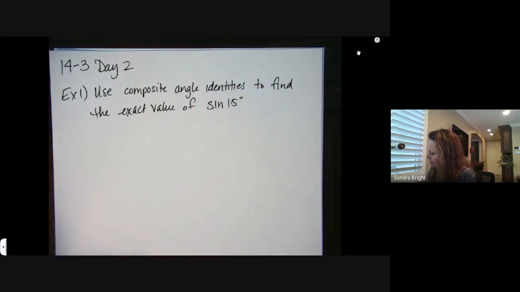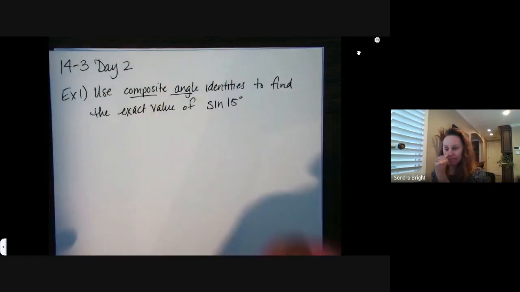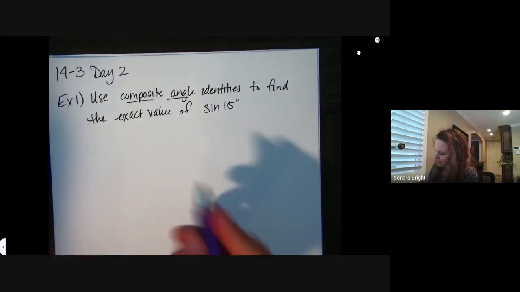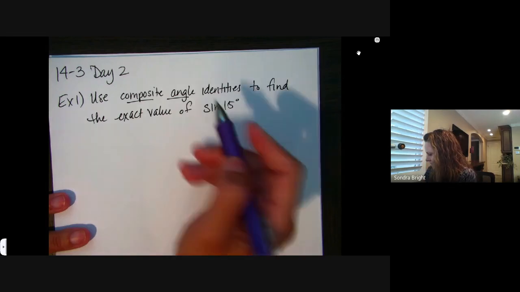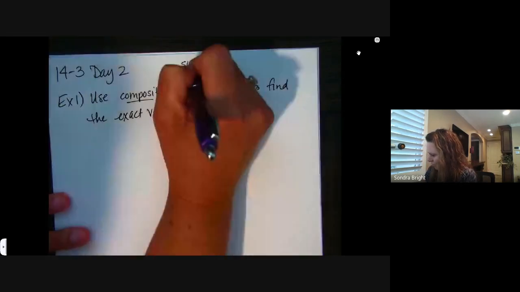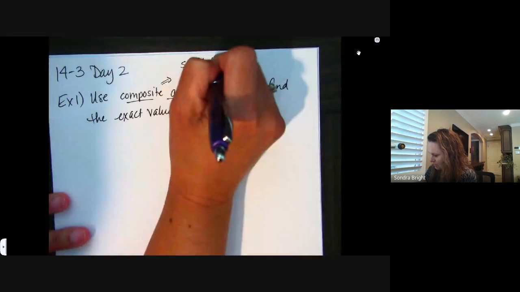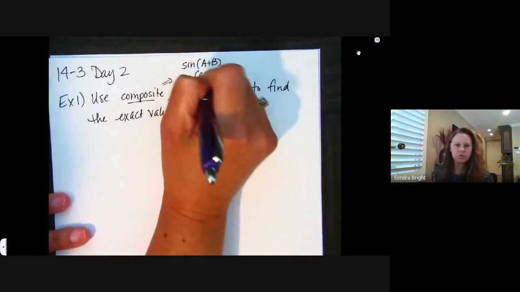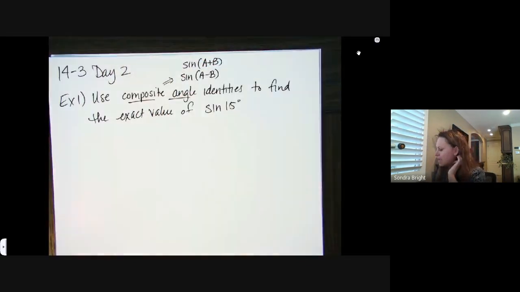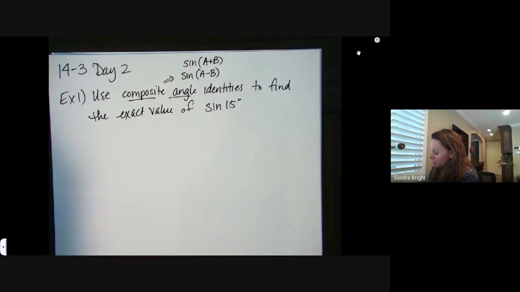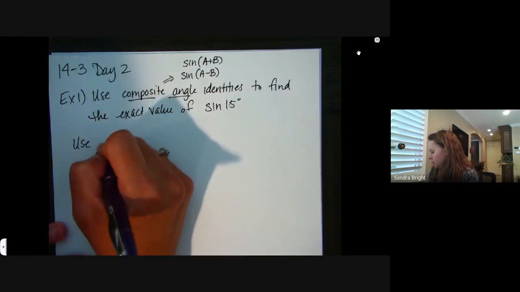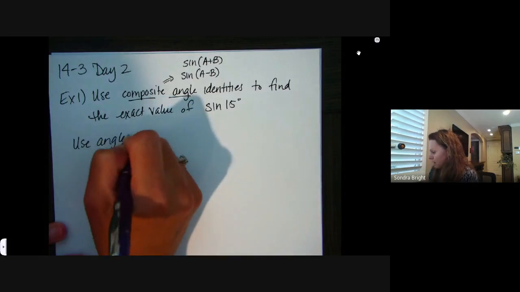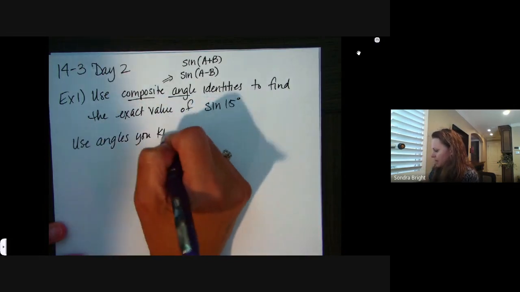Okay, so what are composite angle identities? That's what we did last time. Sine, so that means you're using either sine of A plus B or sine of A minus B. Those are those composite angle identities. And how you're going to do it is you're going to use angles you know, or you have memorized, right?